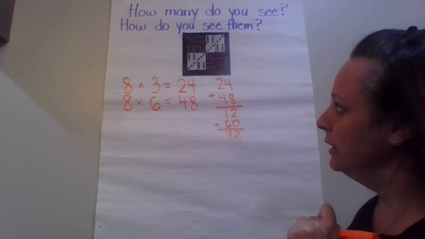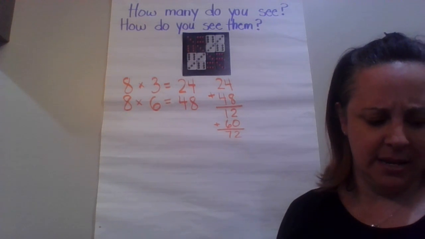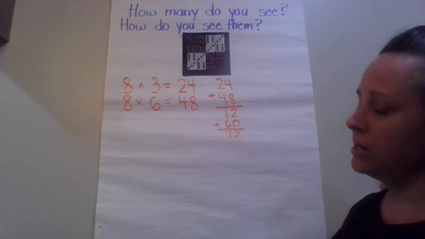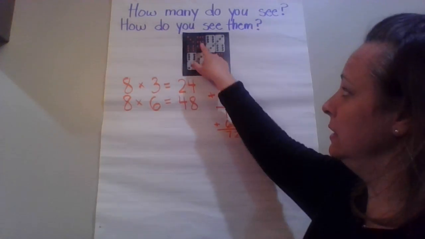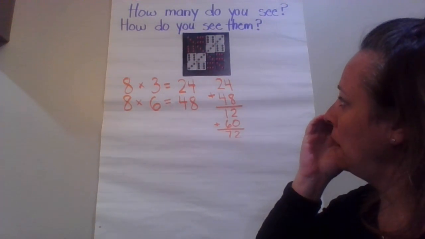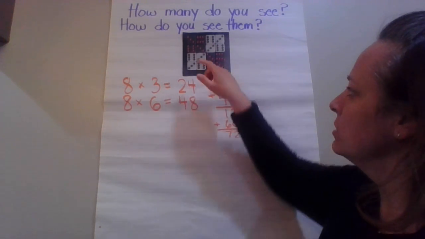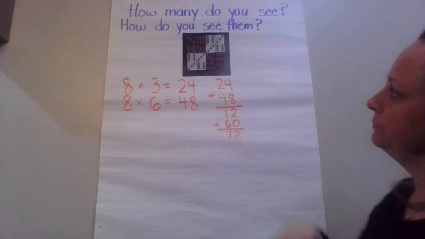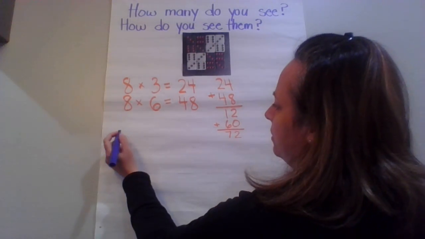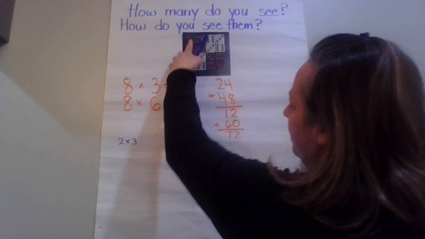I hope you did. Now, what's another way that I could see these dots? Well, we talked about when I did my notice that there were dark colored dice and white colored dice. I wonder if that's how I can see them as well. So in my dark here, I have 2 groups of 3, right?